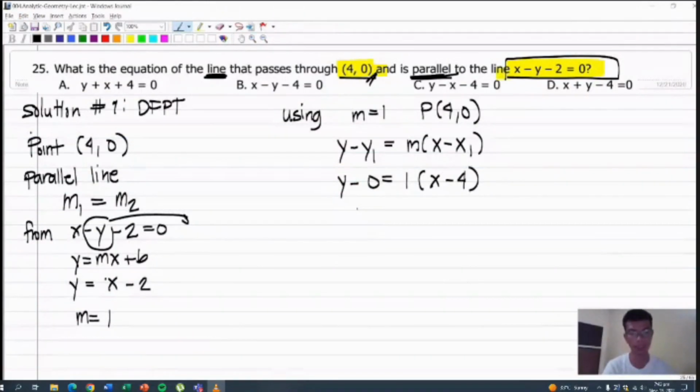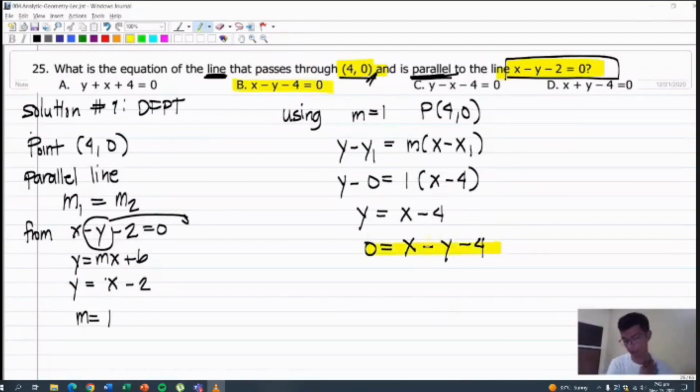So, this will give us y is equal to x minus 4. Try ulit natin na positive si x. Matitira dito yung 0, and then yung y ay magiging negative, x minus y minus 4. Meron na siyang kamukha, which is the letter B. So, x minus y minus 4 is equal to 0.